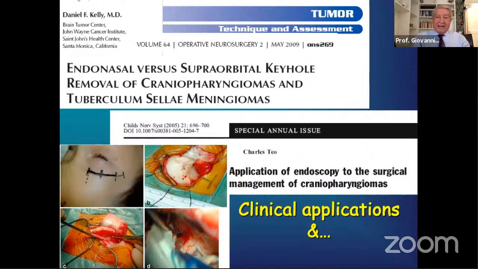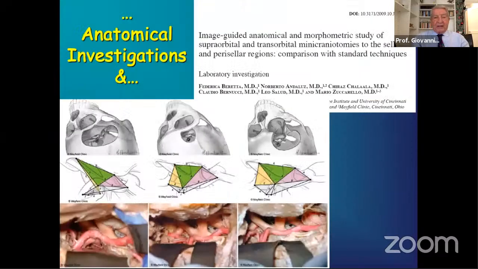And at the end, the mainly endoscopic surgeon made clear the advantage to go through the supraorbital. This is a very interesting contribution that was done by Mario Zuccarello, comparing the usual pterional, the eyebrow approach, and the orbitozygomatic approach.